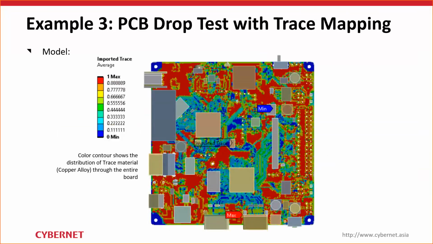So here is the figure of the imported traces, represented by the density contour. So the red region, as you can see, is the region of high trace density, while the blue region is the vice versa. So the fidelity of the trace actually will depend on your mesh.